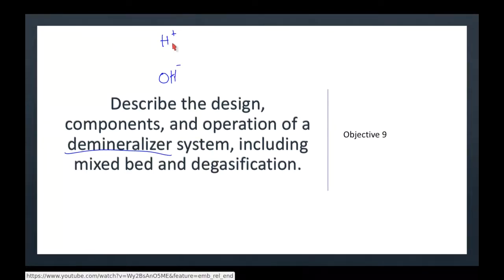So let's say that we've got a hydrogen softener. What we got coming in maybe is magnesium chloride, or maybe we got calcium bicarbonate.